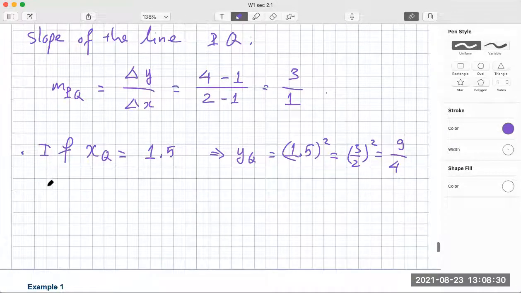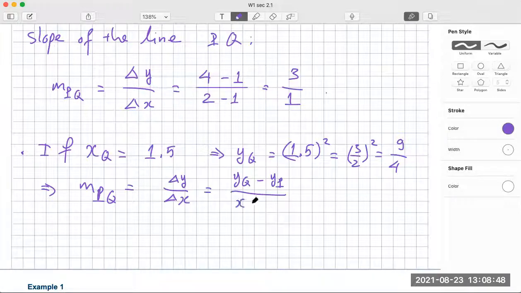So in this case, then what is the slope of PQ? Right, we use the same formula, the change in y over the change in x.